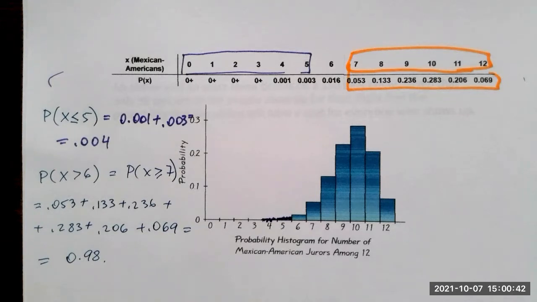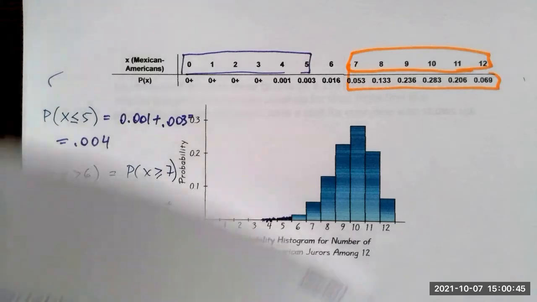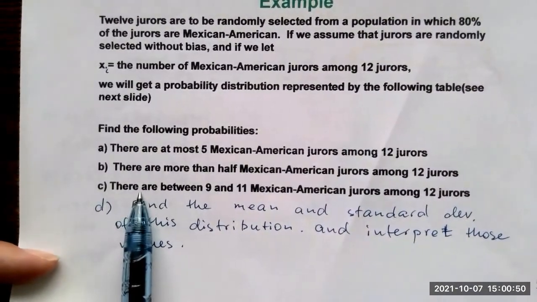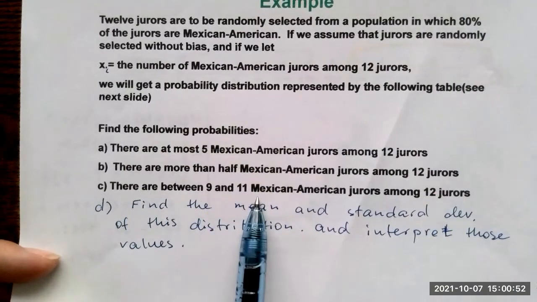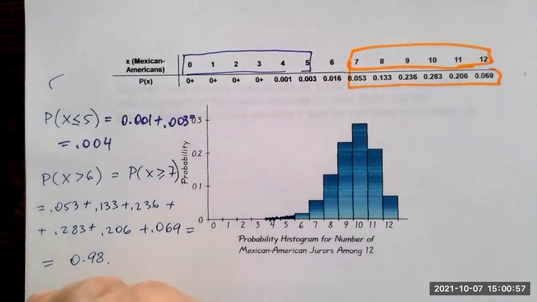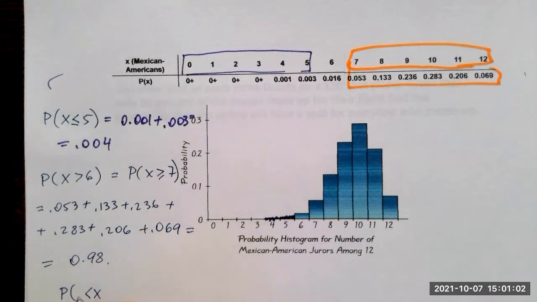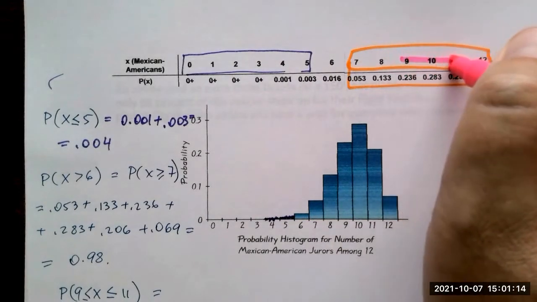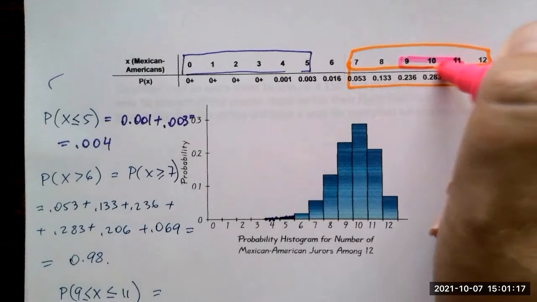Okay, let's take a look at the next question. There are between 9 and 11 Mexican American jurors among 12. So we're looking for the probability that our random variable, the number of successes, is between 9 and 11. That's going to be this event right here, 9 through 11.